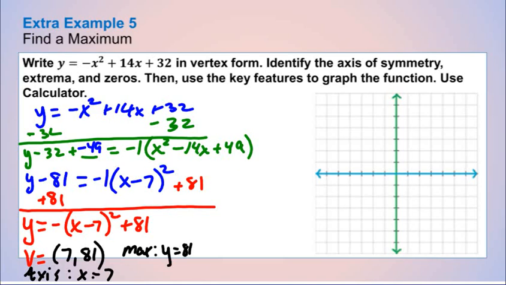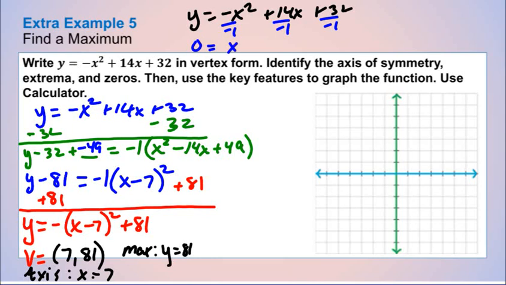So to find the zeros, I go back to my original problem. I have y equaling negative x squared plus 14x plus 32. So I'm going to divide everything by a negative 1, and then y is 0.